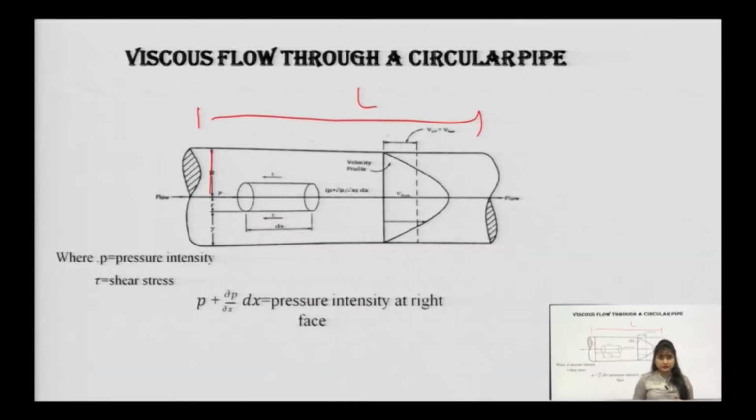Here we have an assumption. We are now going to derive mathematically how viscous flow within a circular pipe changes with respect to pressure, velocity or shear stress.